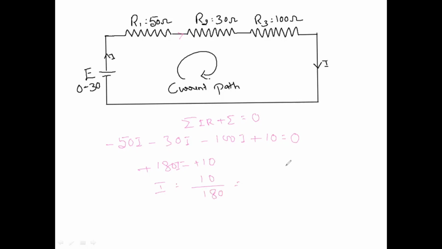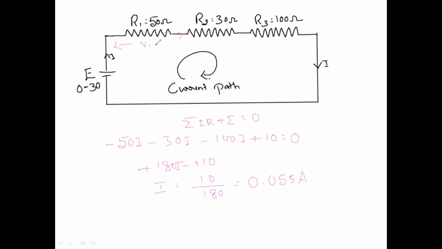If you do the calculations, the current I value will be 0.055 amperes.